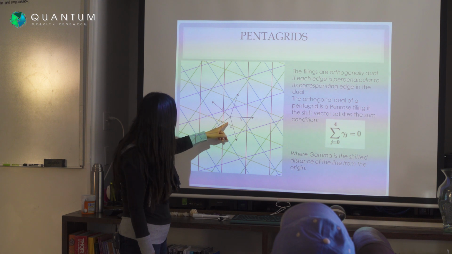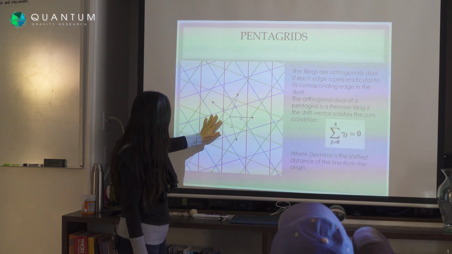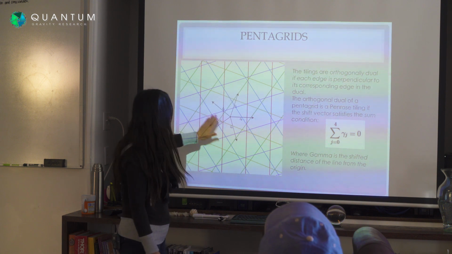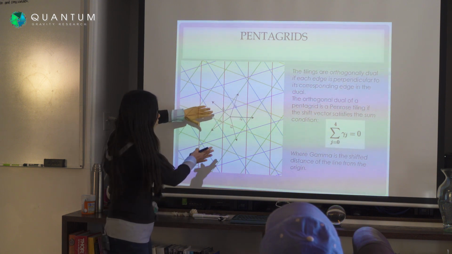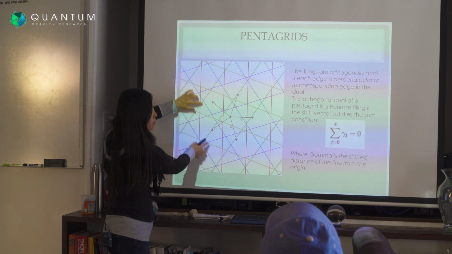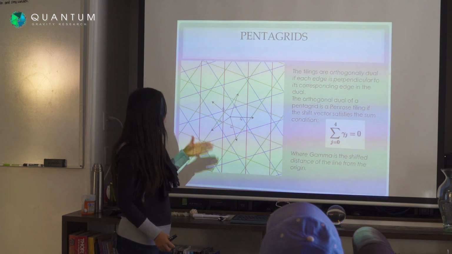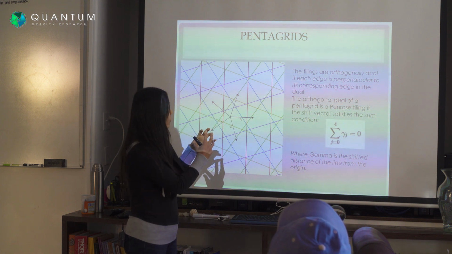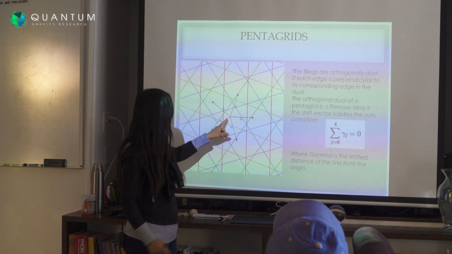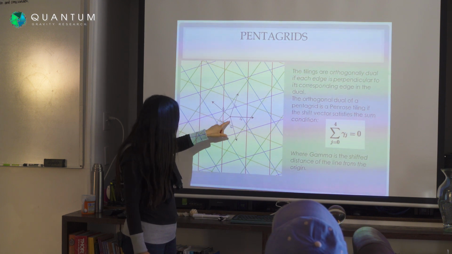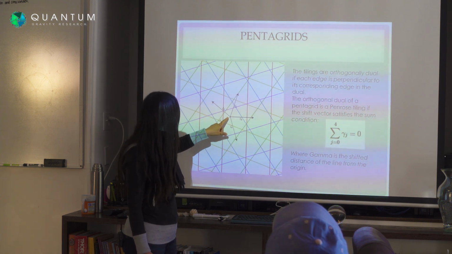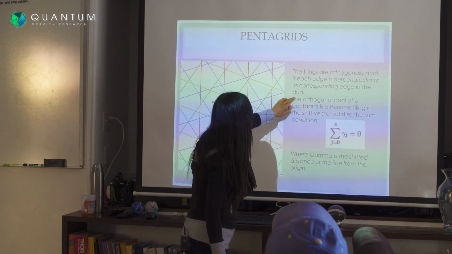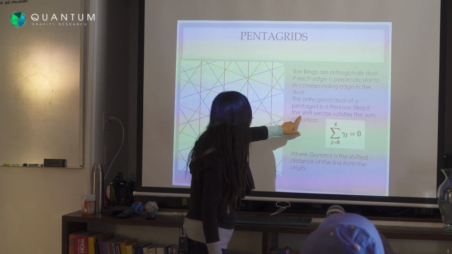You can see that, for example, you can shift this grid around. You can move this whole purple one up and down. So there are various ways to compose these 5 sets of parallel lines together, but depending on how you do it, there is this shift vector.